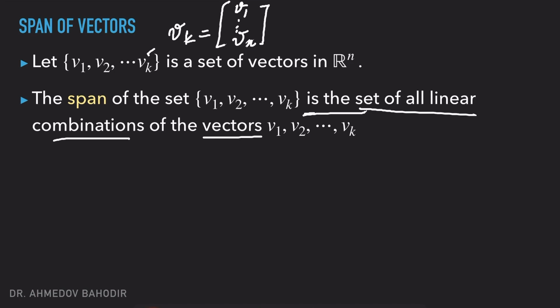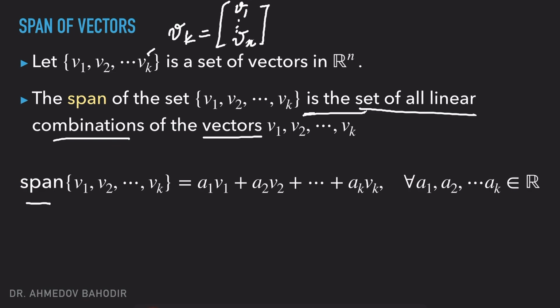So instead of saying all linear combinations of some vectors, we are just going to substitute this with the word span. So essentially, the span of these vectors is all possible linear combinations, right? I'm going to multiply the first vector by some constant, the second vector by some constant, and the k-th vector by some constant, and this includes all of the possible values for these constants.